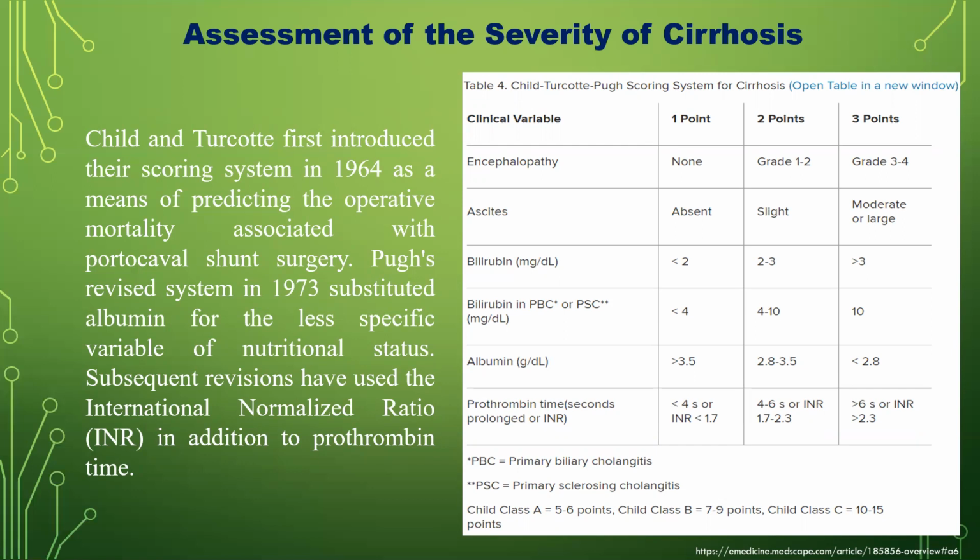Calculation of these points leads to the classes. A score of 5 points is class A and means mild cirrhosis, whereas class C, 10 to 15 points, is severe cirrhosis.